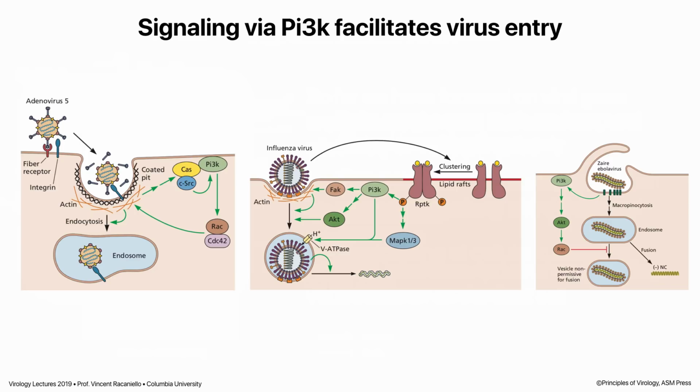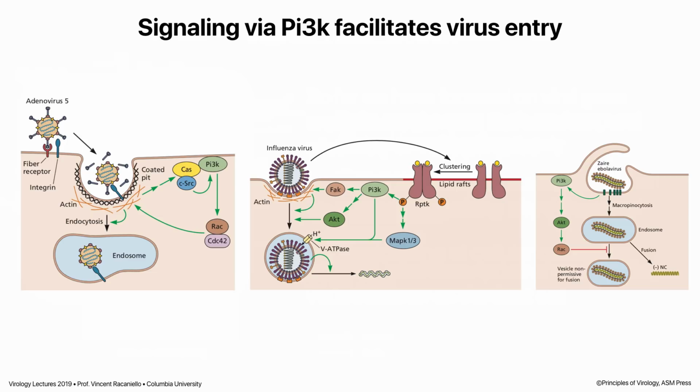So that's one example. In the middle is influenza virus. Similar story, virus binding causes clustering of receptor protein tyrosine kinases in what are called lipid rafts. These are specialized microdomains of the plasma membrane. They have different composition from other places. And so virus binding causes these receptors to dimerize. You can see they become activated and they start phosphorylating, including PI3 kinase, and they will activate it. And that signaling, again, loosens up the actin.